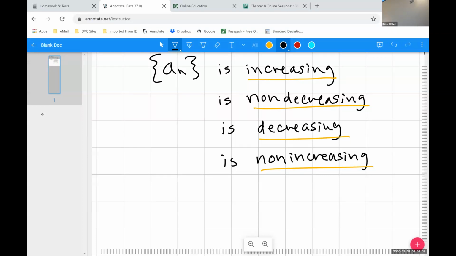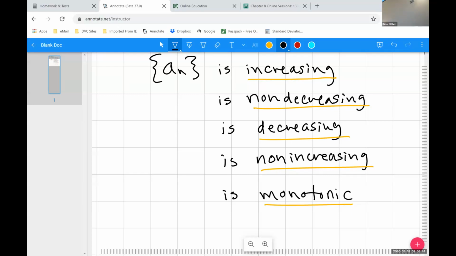Okay. So we have a couple more words on our little list of definitions here to introduce to the vocabulary. The next up is to say that the sequence is monotonic. Monotonic means that it only moves in one direction when it moves.